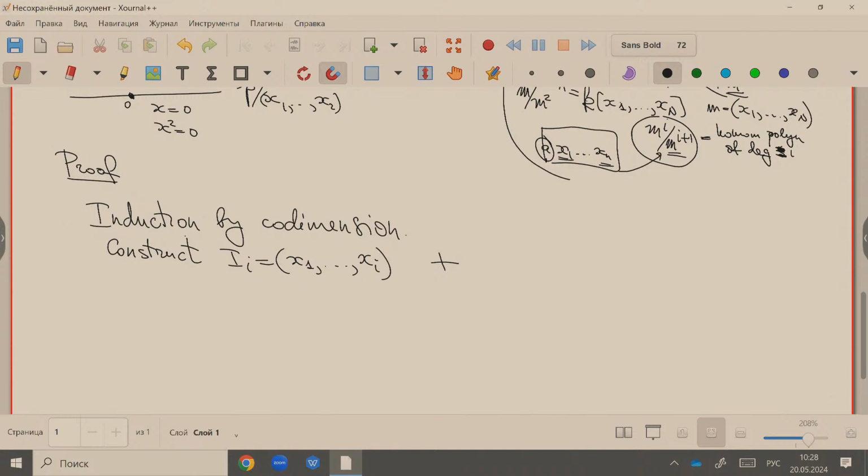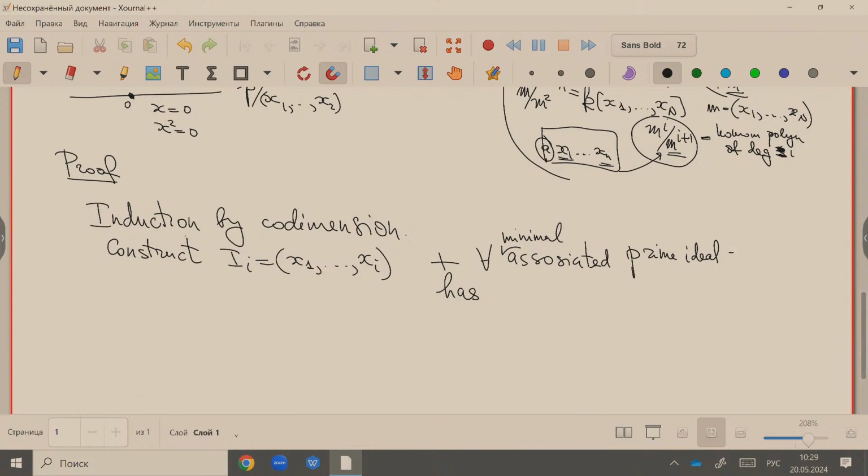We shall assume that any minimal associated prime ideal has codimension i.